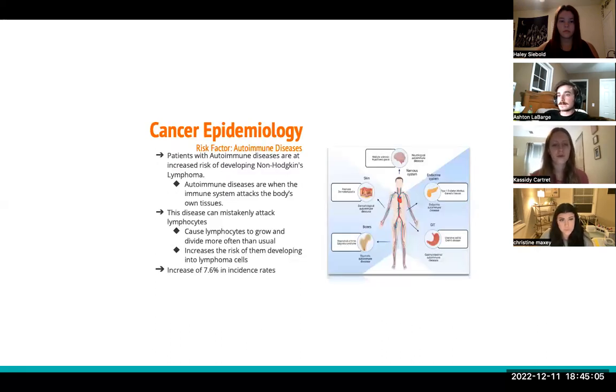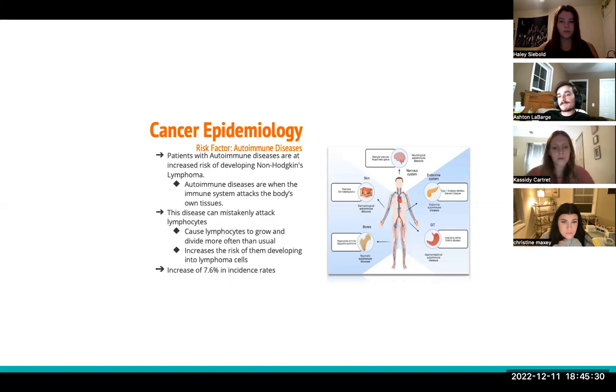Okay. And a risk factor that affects non-Hodgkin's lymphoma is autoimmune diseases. If you have autoimmune diseases, it increases your chances of developing non-Hodgkin's lymphoma. Autoimmune diseases are when the immune system attacks the body's own tissues. This could be multiple sclerosis, rheumatoid arthritis.